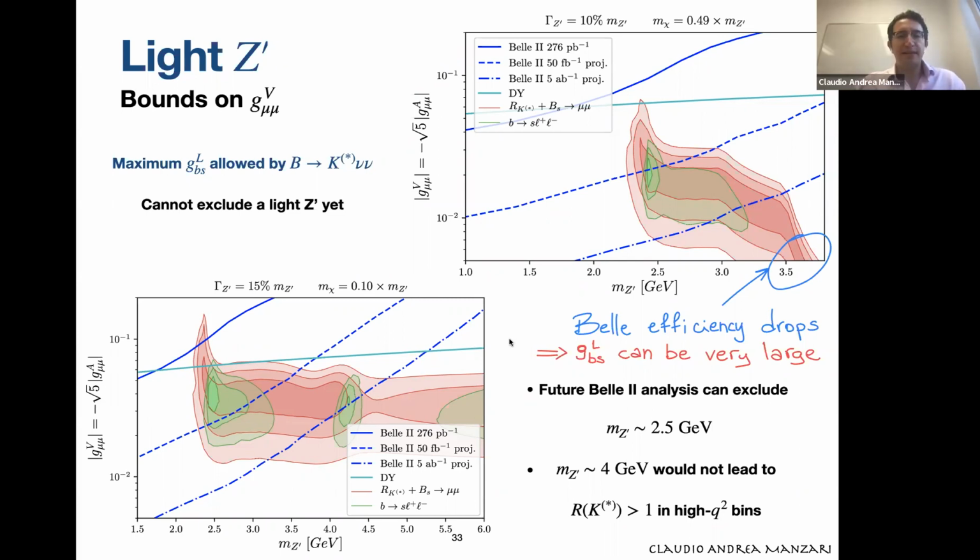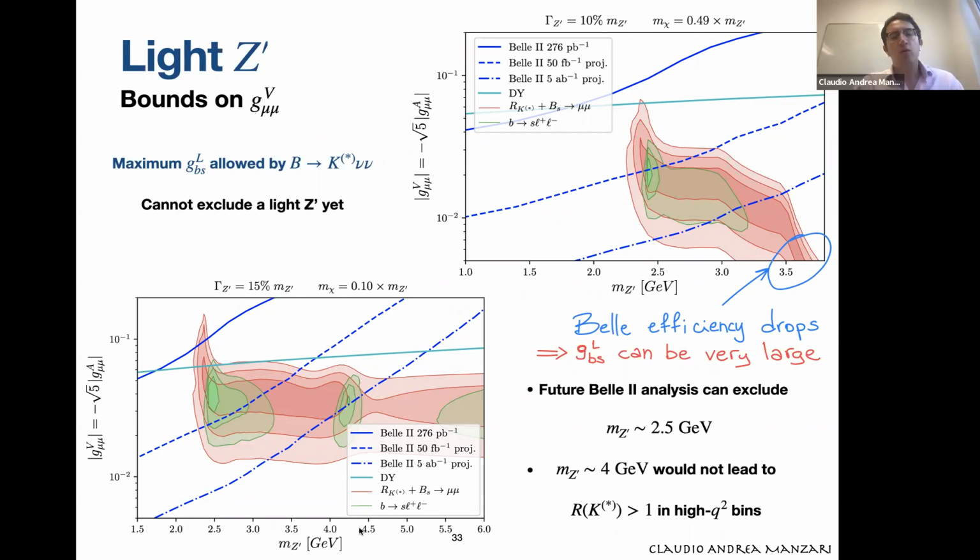Then we have a brighter scenario at the bottom left, when the mass of the dark matter is smaller, and this allows to have stronger bound from B to K ν ν. And again, you see that current data cannot probe almost any part of the solution to B to Sll, but future projection can probe the solution at around 2.5 GeV and can also start testing the solution between 4 and 4.5 GeV.